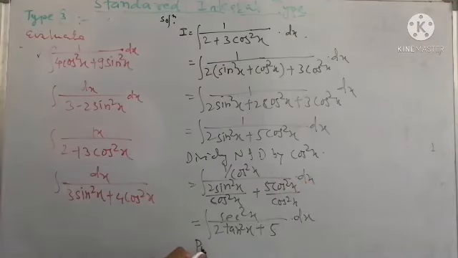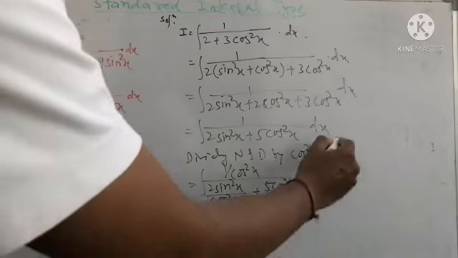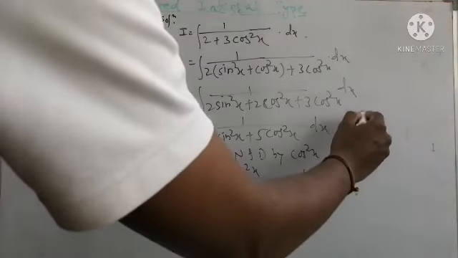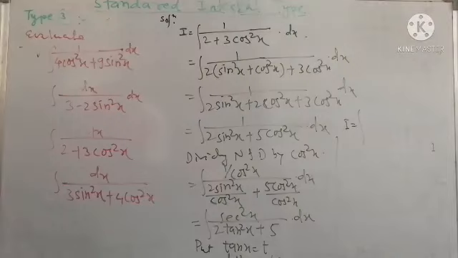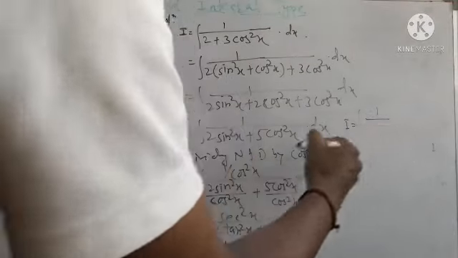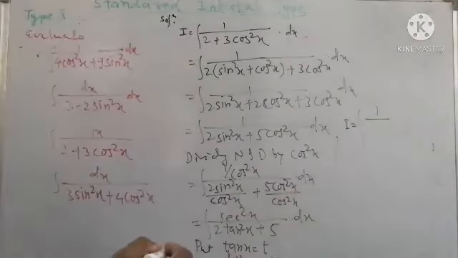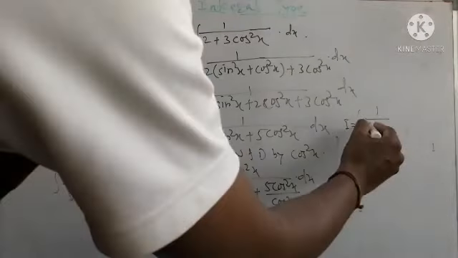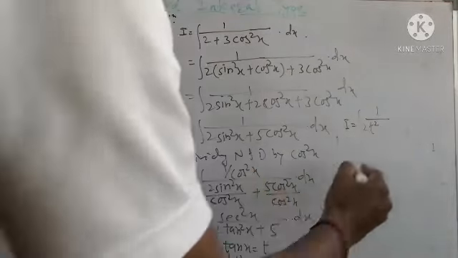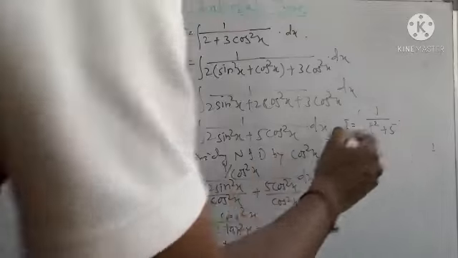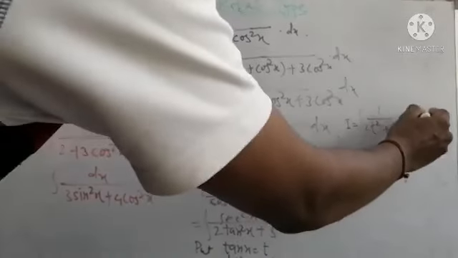Now we can make the substitution tan of x is equal to t, so its differentiation with respect to x will become again sec square x dx is equal to dt. Therefore the integration in terms of t becomes, as we are putting in the denominator, the numerator becomes 1 and in the denominator 2 tan square x, again tan x is equal to t, so tan square will become 2t square plus 5 is a constant and sec square dx is dt.